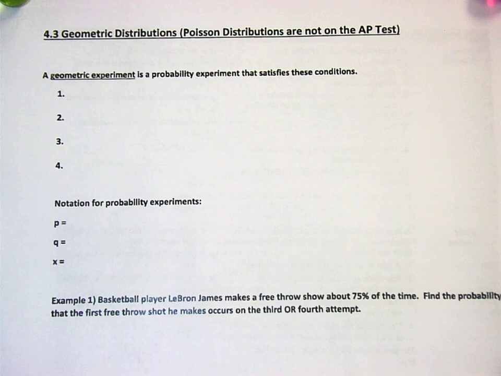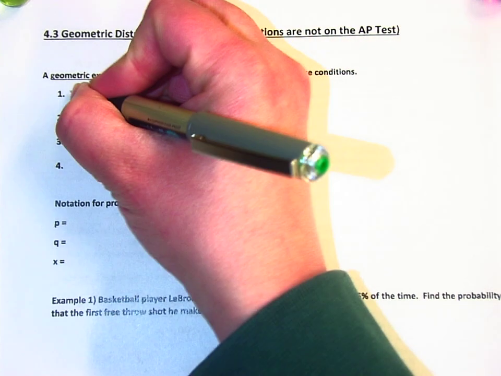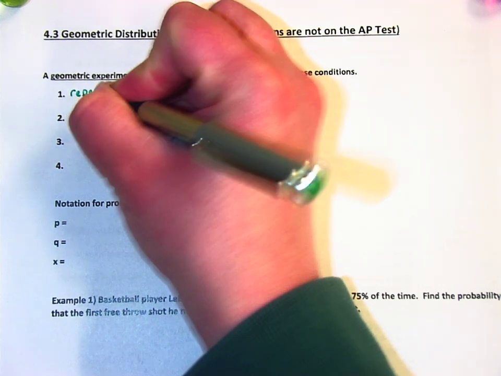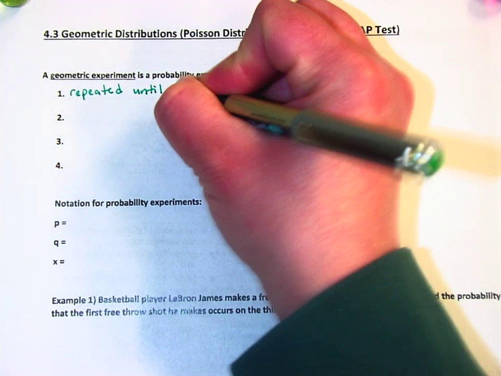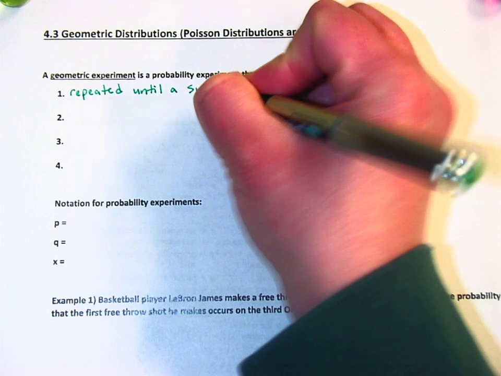It's a fast lesson today, only one page. So we went over binomial distributions last time, and this one is all about geometric distributions. Unlike a binomial experiment, this one is repeated until a success occurs. So there isn't a fixed amount of trials.